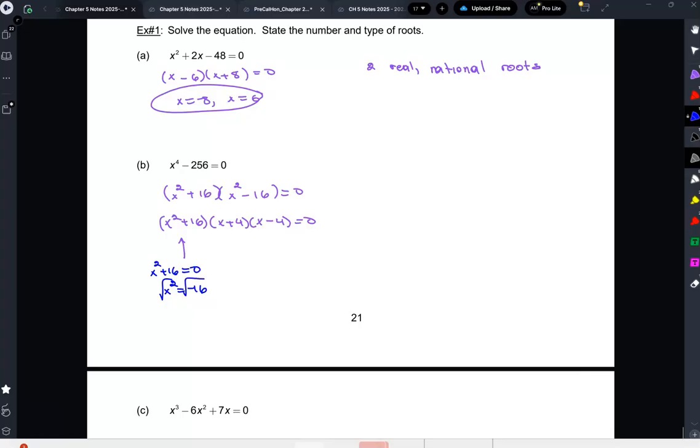And you take a square root. X is plus or minus 4i. And the only reason why we did that, set it equal to 0 and use the square root property, was because it couldn't be factored. So here, x is plus or minus 4. So then I have two real, rational, and two complex. For a total of how many? 4. Can't have any missing.